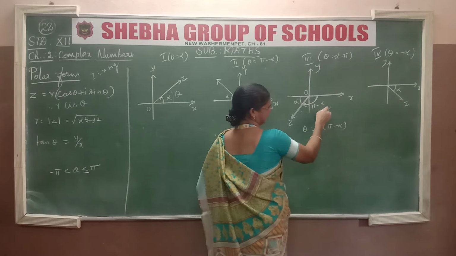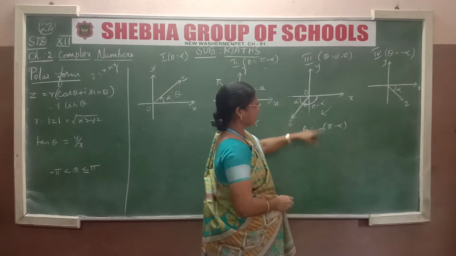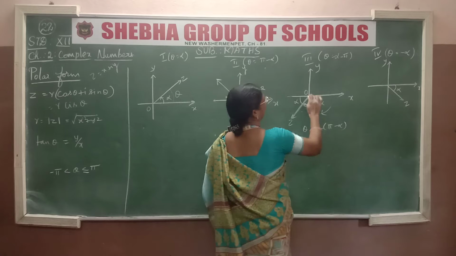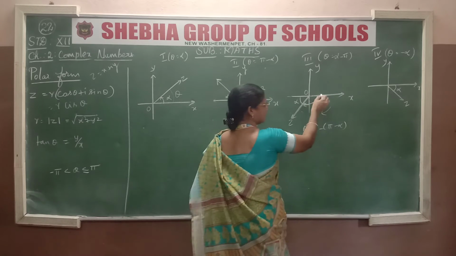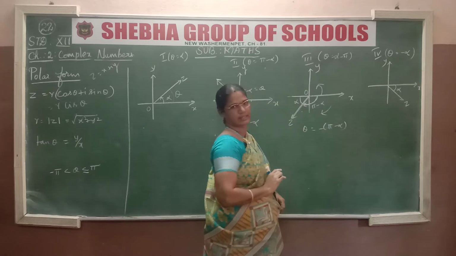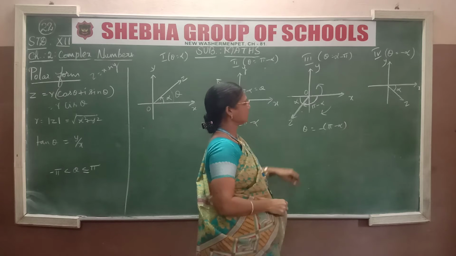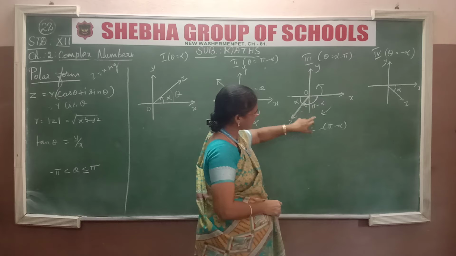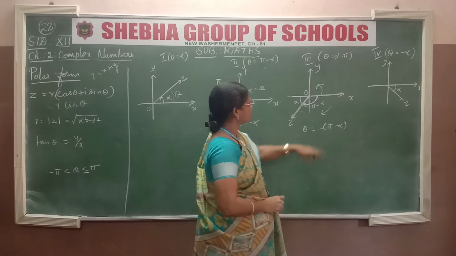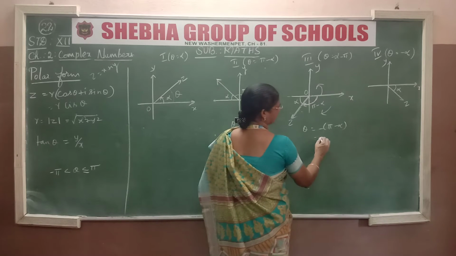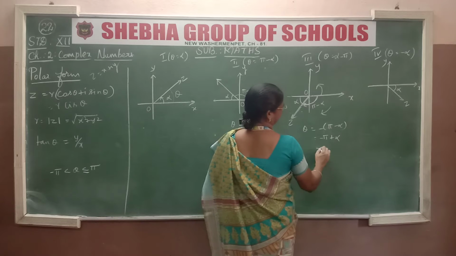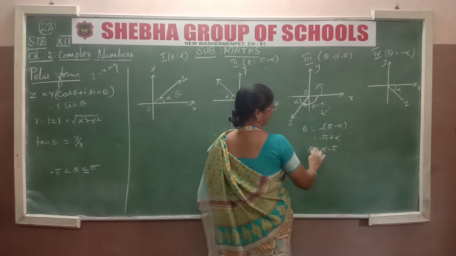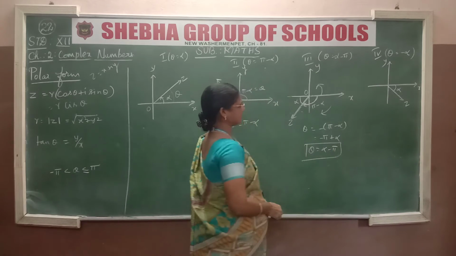In argument we use anti-clockwise direction. Anti-clockwise direction is positive, but it is given clockwise direction. So clockwise direction means we put one minus. So minus of pi minus alpha equal to minus pi plus alpha, that is alpha minus pi. So our theta is alpha minus pi.